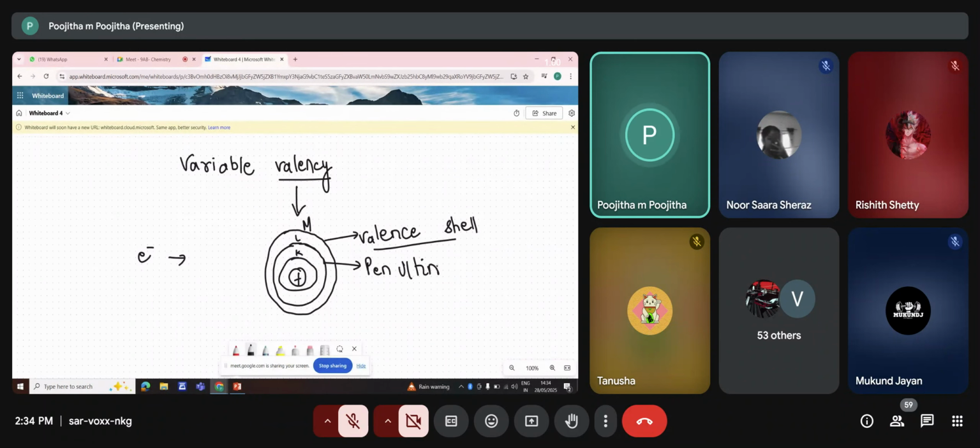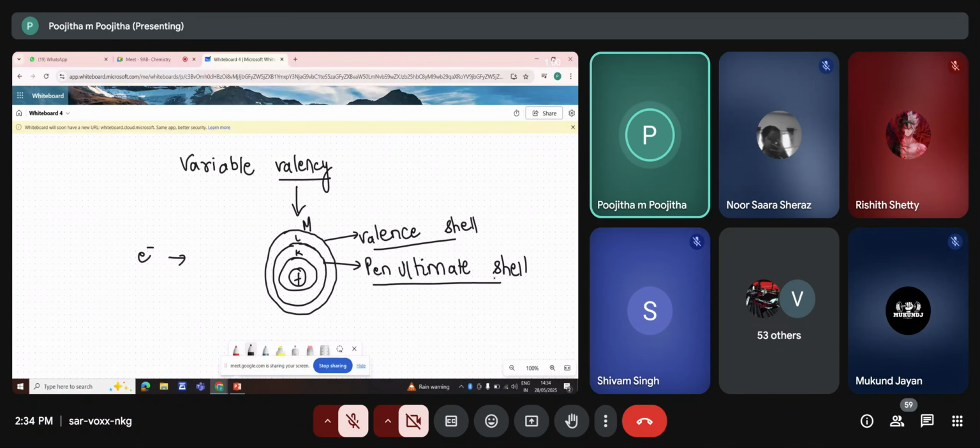Penultimate shell. For certain elements, the penultimate shell is unstable. So one or more electrons from the penultimate shell will jump to the valence shell. So what happens? The electrons present in the outermost shell will vary. Because of this, the element will show variable valency.